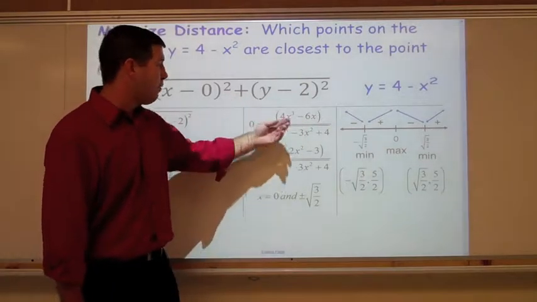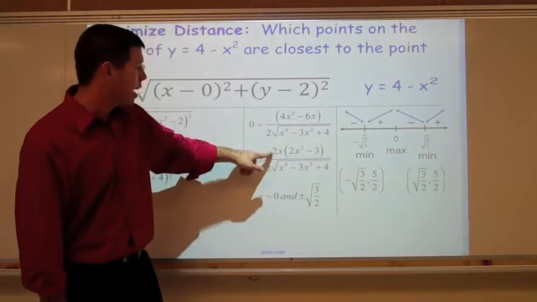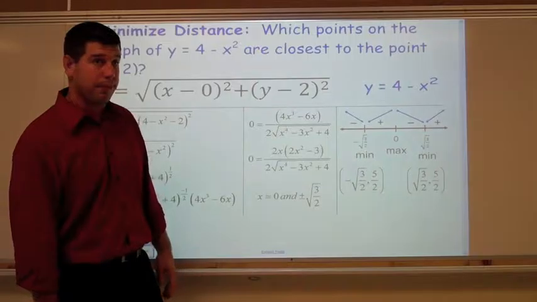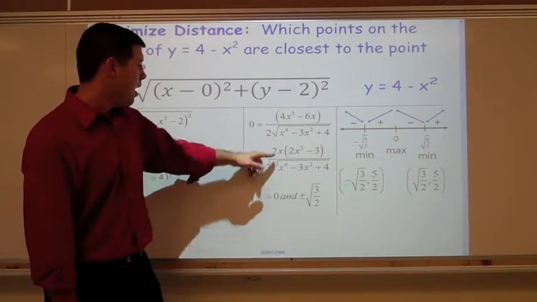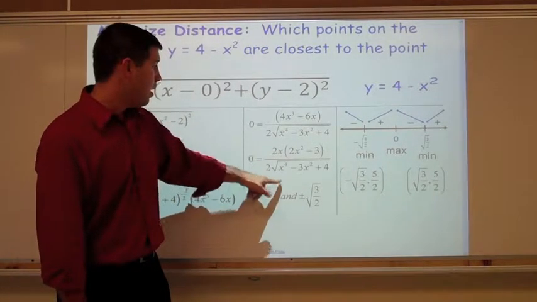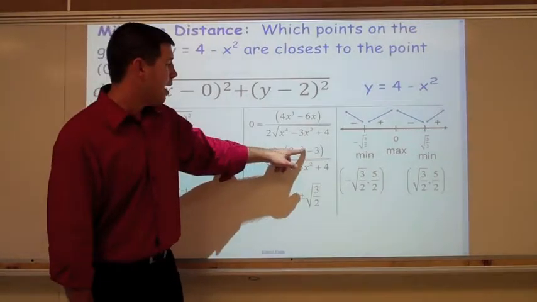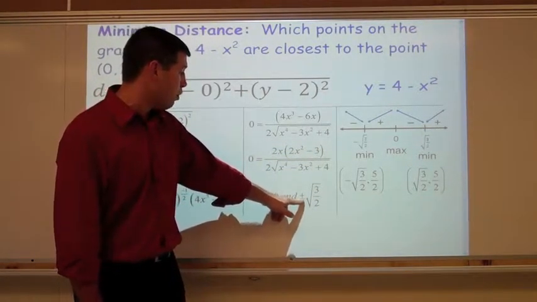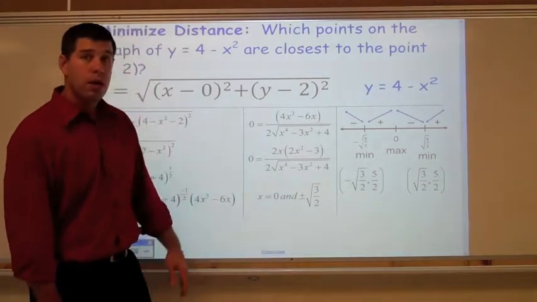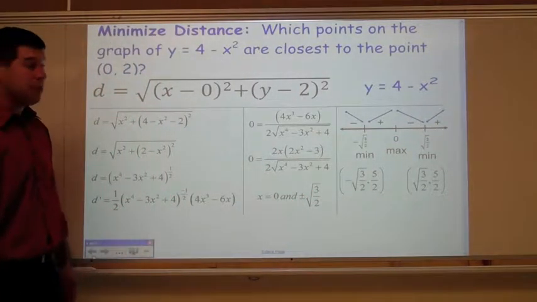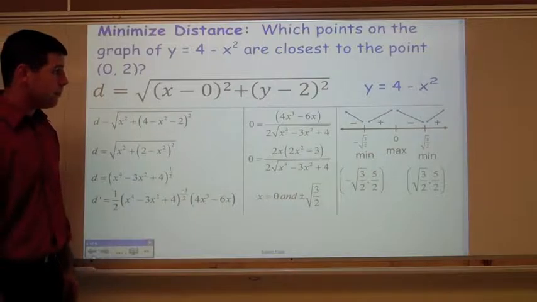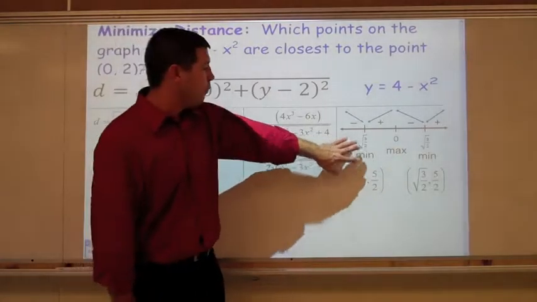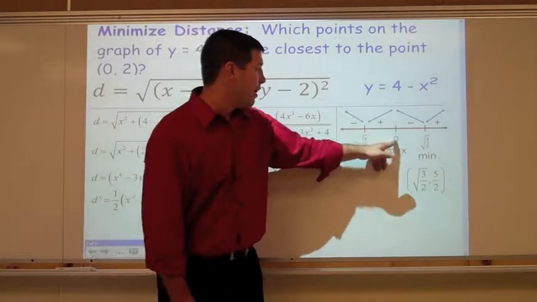So you always want to factor out a 2x. So you're left with 2x times (2x squared minus 3). x is 0. And if you solve this, add 3, divide by 2, square root both sides. x is plus or minus the square root of 1.5, or 3/2. Now you go through and try a sign chart at these 3 values.